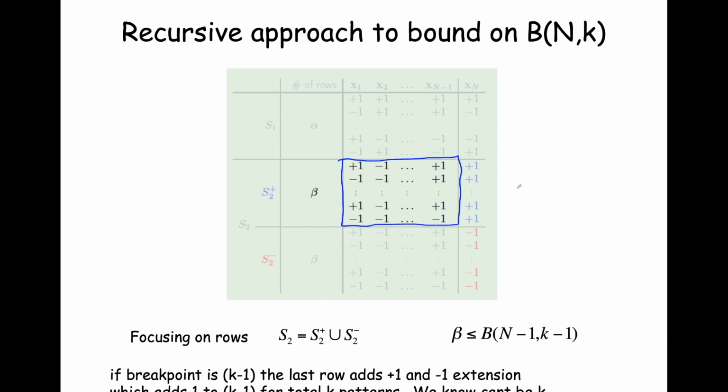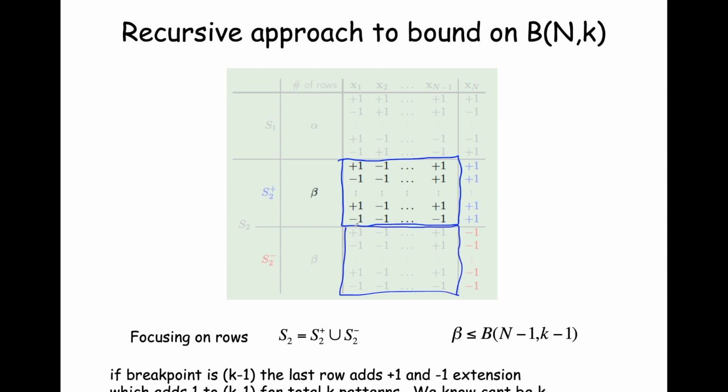And so S2 was just the union of these two, and these were the non-unique dichotomies in n minus 1 digits. If we think about what's happening here, we have two copies: one copy in the S2 plus, and another copy in the S2 minus.